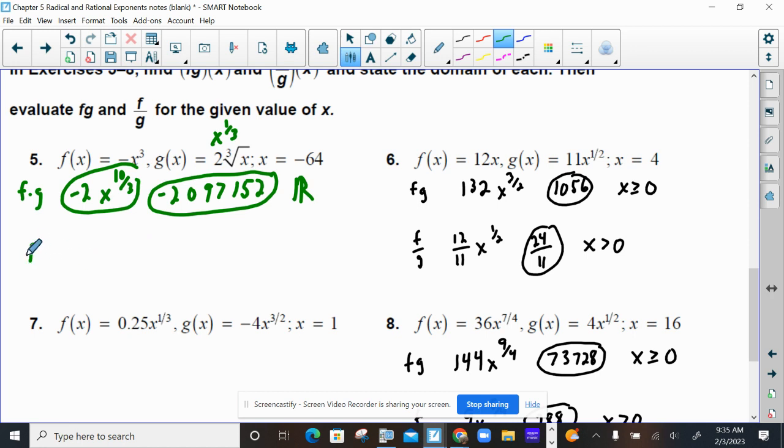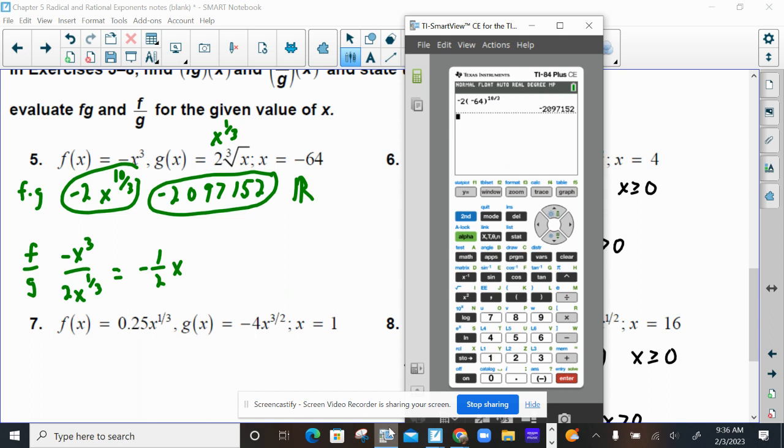Okay, so now F over G. So now we're going to divide. We're going to have this up top, and we're going to have this, and I'm going to write it as an exponent because we're going to end up subtracting our exponents. So this is just going to be a negative 1/2. Just need you to realize it's negative 1 up top, 2 in the bottom, comes out to negative 1/2. And then I'll ask the calculator.